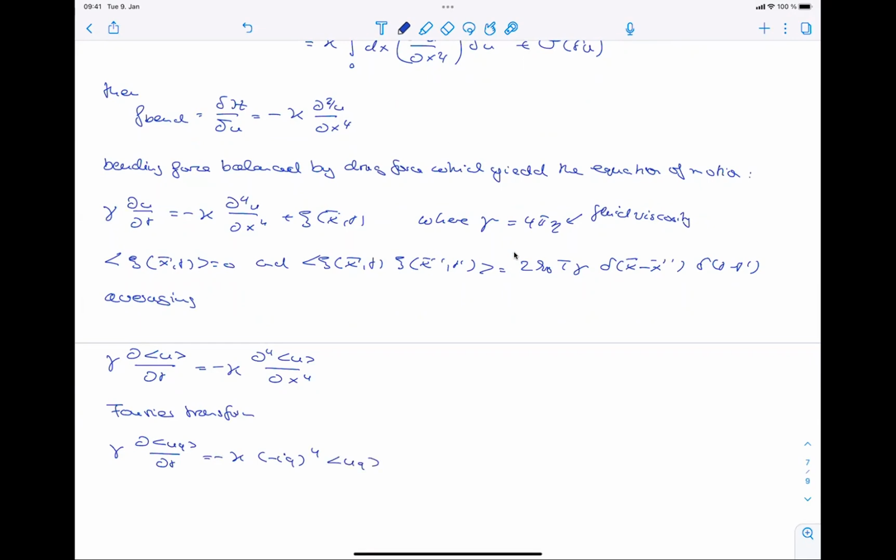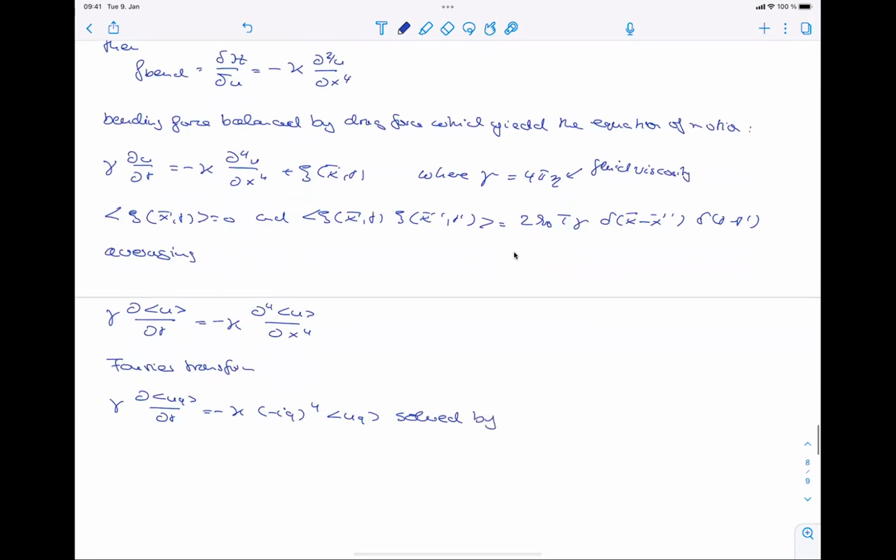And now this equation is linear, and so we can solve it with an exponential. uq of t is uq of 0 e to the minus omega q t.